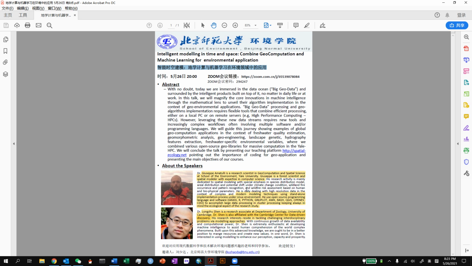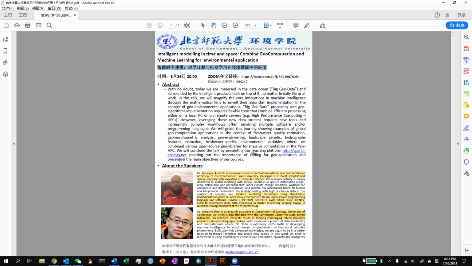He uses a lot of open source programming languages and software like GRASS, R, Python, AWK, Bash, QGIS, OpenEV, and so on for data processing and cluster processing, always keeping in mind the ecological aspect of the research study.